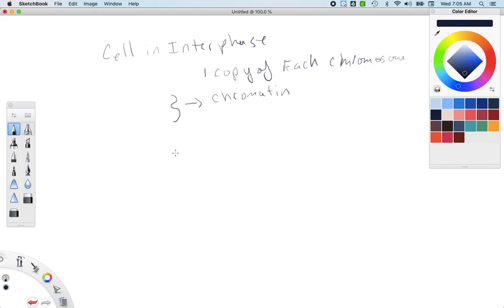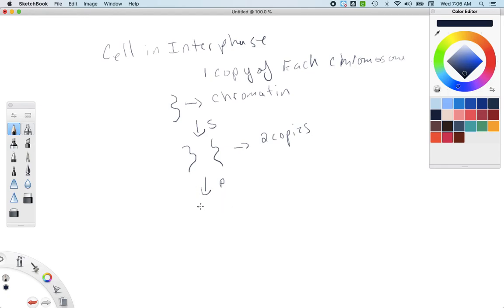This cell decides it needs to divide, so it goes through S. And when it goes through S, we now have two copies of that chromosome. So this cell is still in interphase, but now it's gone through G2, and we are going to come out of G2 and go into prophase.